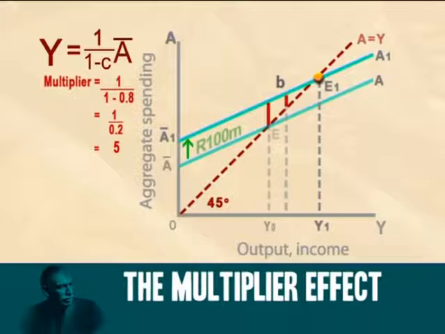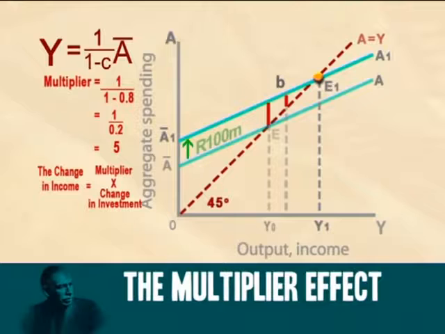For every 1 rand increase in autonomous spending, the equilibrium level of income increases by 5 rand. The change in our equilibrium level of income is therefore the multiplier times the change in investment, I. In our case, a 100 million rand rise in investment increases the equilibrium level of output and income by 500 million rand.